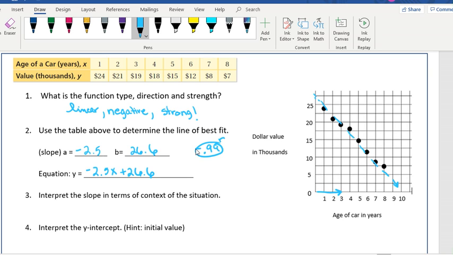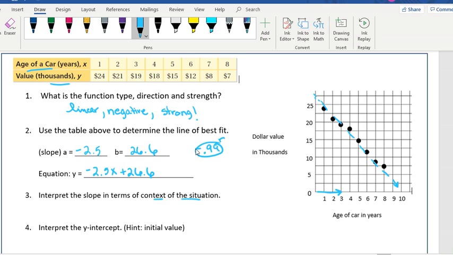The slope of the line in context of the situation. Context means I have to go back up here and talk about the age of the car and the value of the car. So the slope means that it drops $2,500. It's in thousands of dollars, 24,000. So it's 26,000.